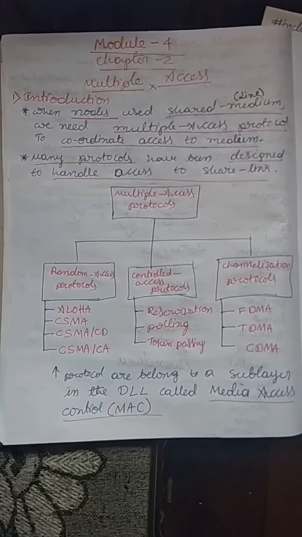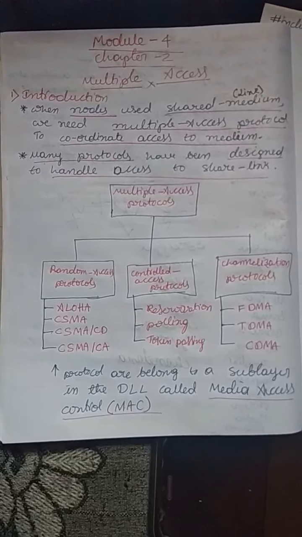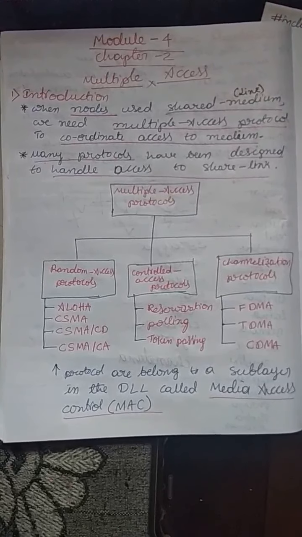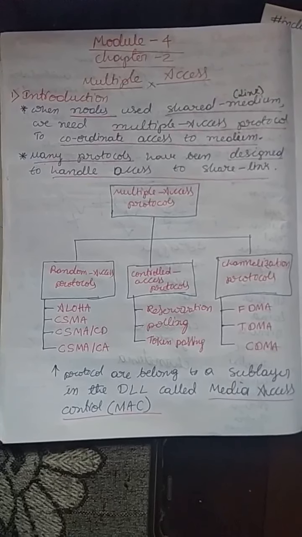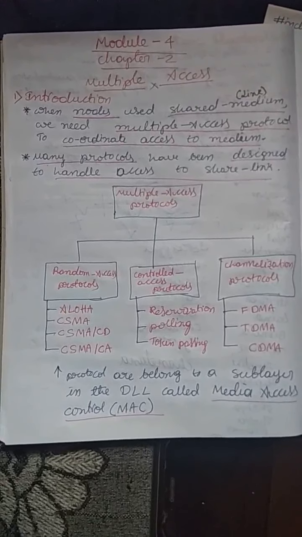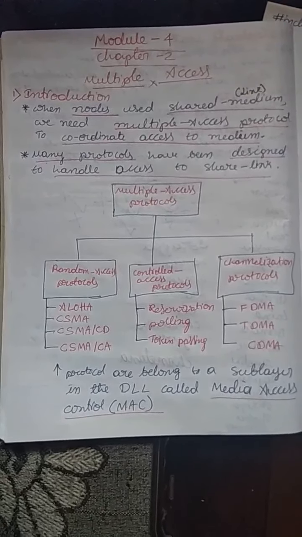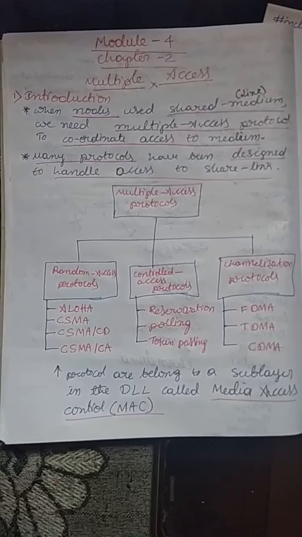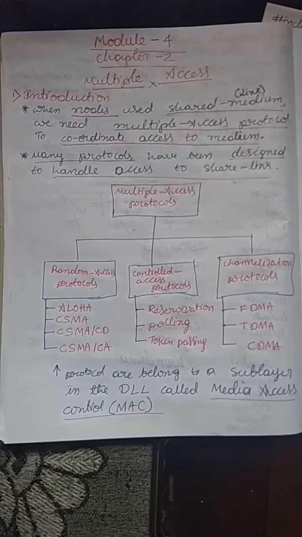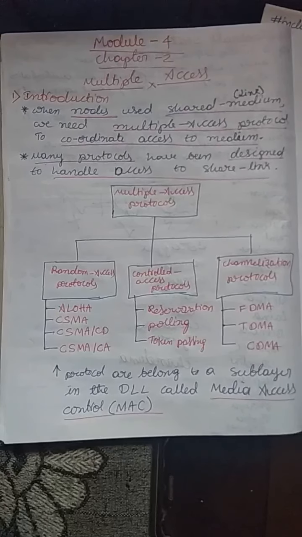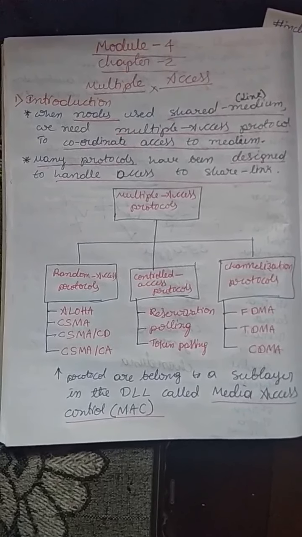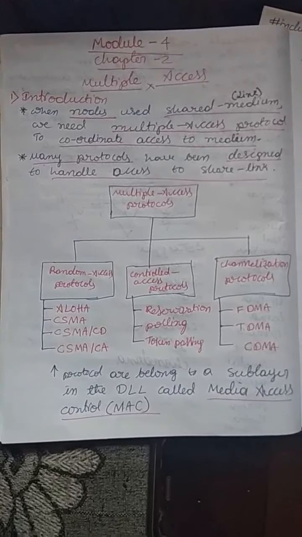Next one, CSMA/CD, which is nothing but carrier sense multiple access with collision detection. Next one is CSMA/CA, carrier sense multiple access with collision avoidance.